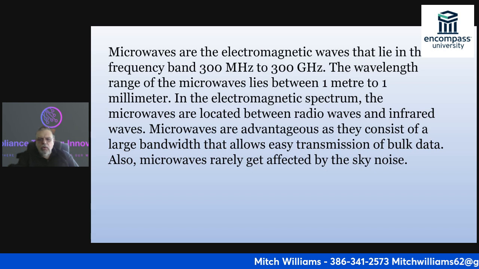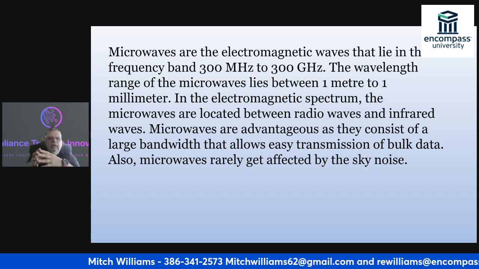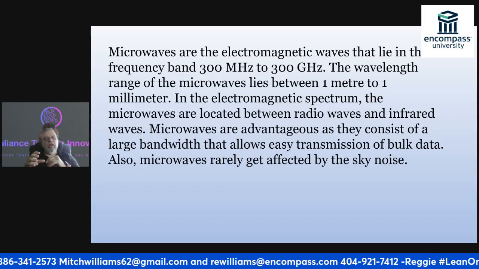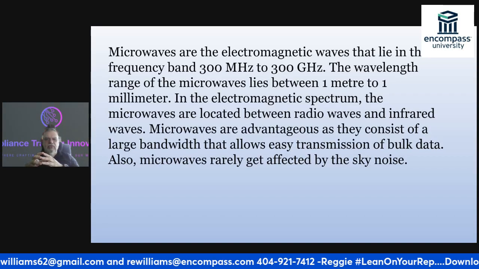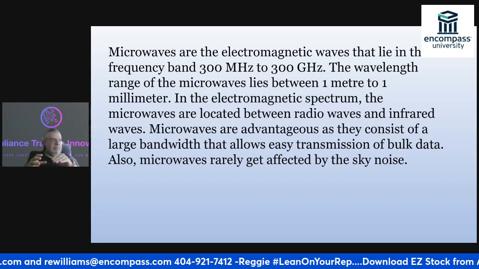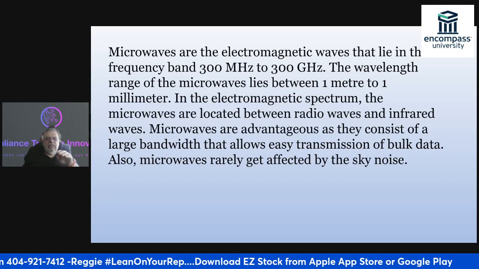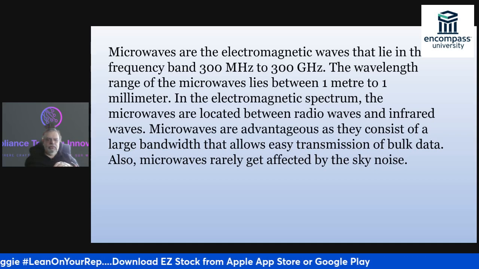We're going to move a little bit. We're going to talk about a microwave. Microwaves are electromagnetic waves that lie in the frequency band between 300 megahertz and 300 gigahertz.